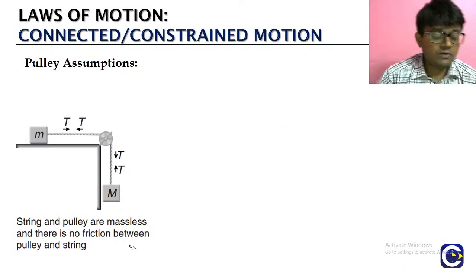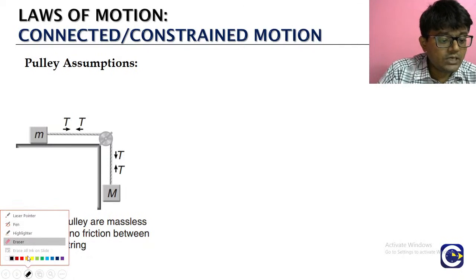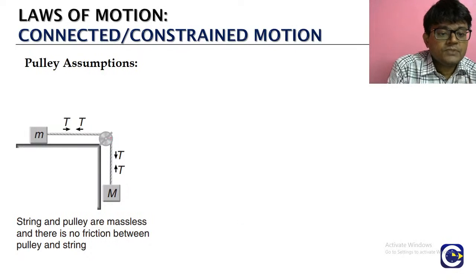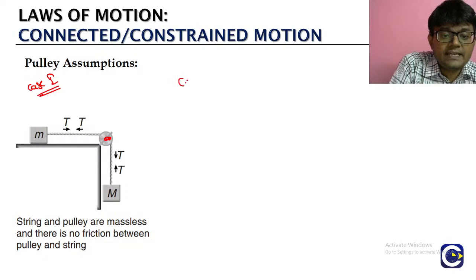Now we'll come to the last and important assumption, with regard to the pulley. So we have a pulley here, and we look at 3 cases in terms of the assumptions.